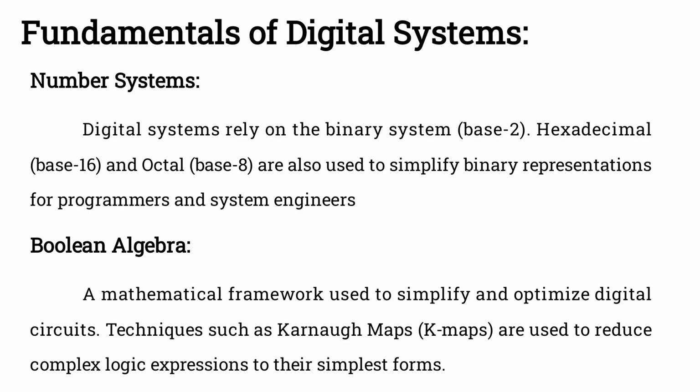It is used to simplify binary operations for programmers and system engineers. Boolean algebra is a mathematical framework used to simplify digital circuits. It mainly uses a technique called K-map, which reduces complex logic functions into simple forms.